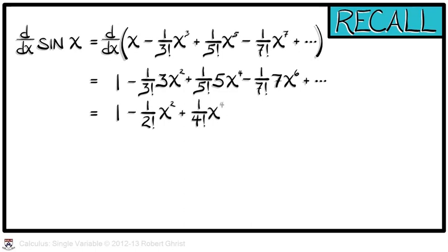Well, we get 1 minus x squared over 2 factorial plus x to the fourth over 4 factorial minus x to the sixth over 6 factorial, etc. This is an expression that we have very recently seen. This is our derived expression for the cosine of x. And you may recall that the derivative of sine is cosine.